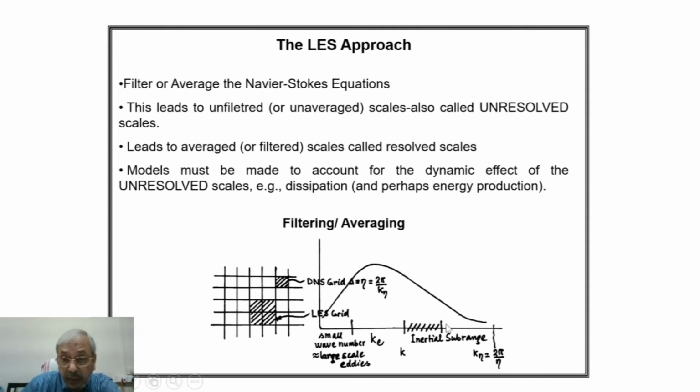So high wave number means basically small scale, we have to go up to the smallest scale of eddies, that means very high frequency or very high wave number, which will correspond to the smallest grid size.